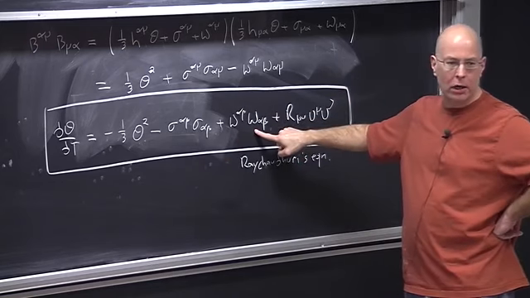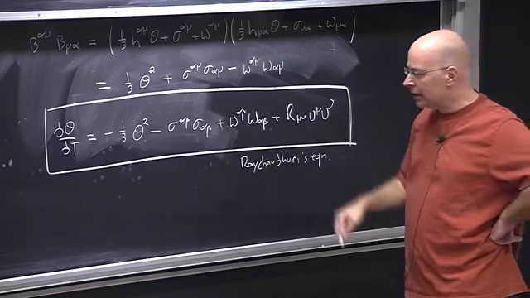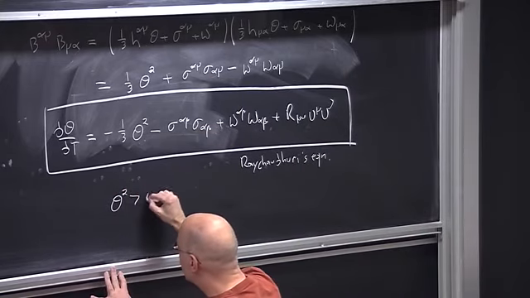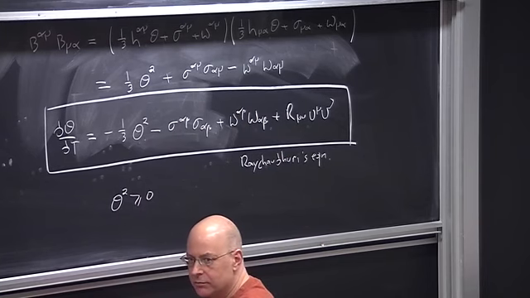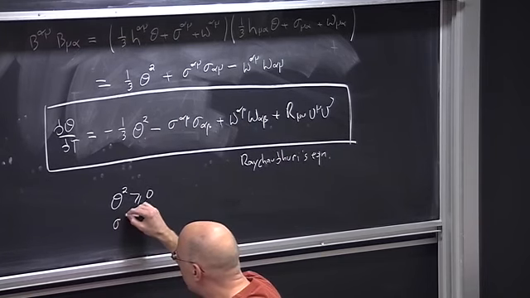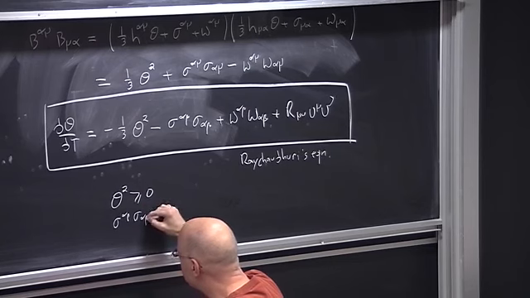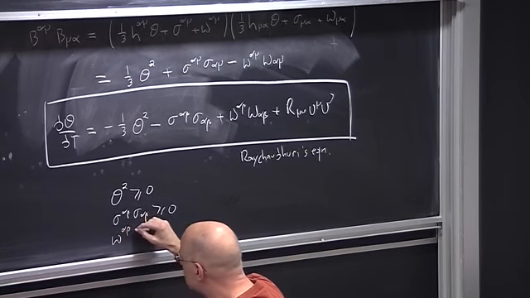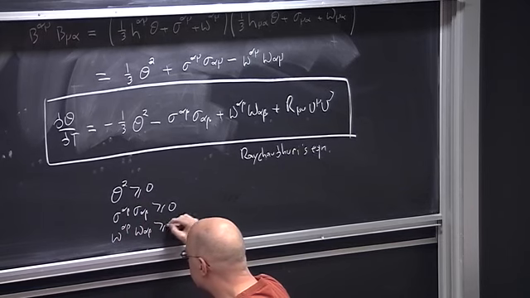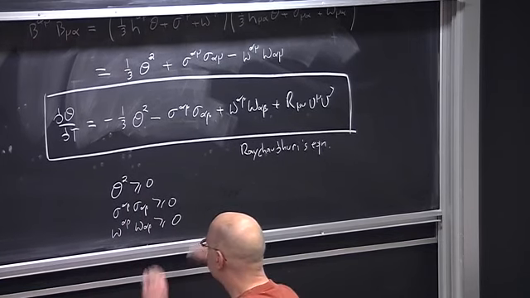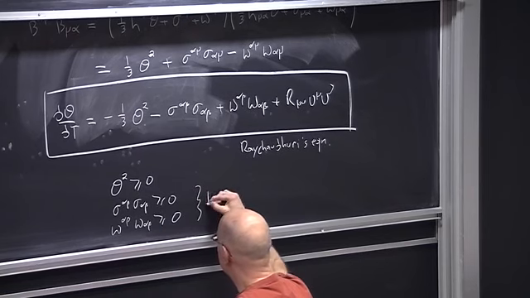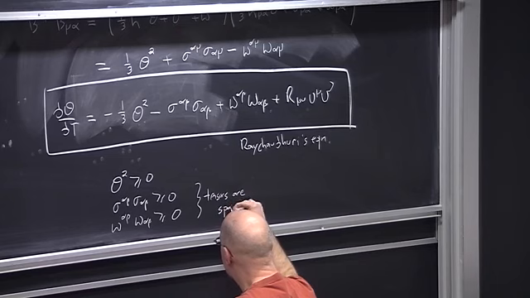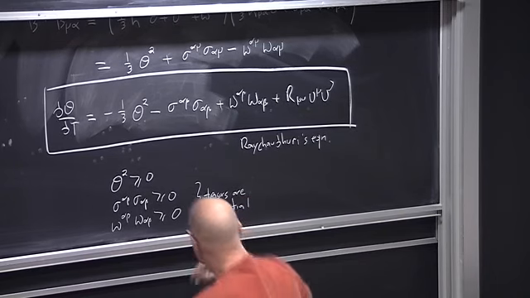This is positive or at least non-negative. So theta squared is always going to be positive or at least non-negative. Sigma squared is always going to be non-negative. And omega squared is always going to be non-negative because these tensors are spatial. They have no time entry. So that's guaranteed.